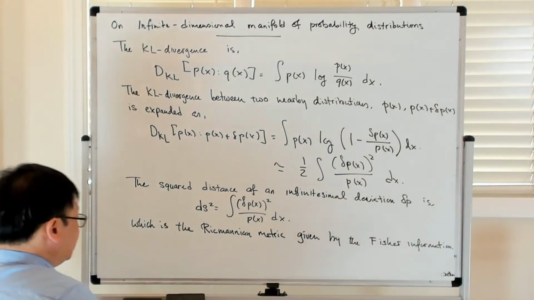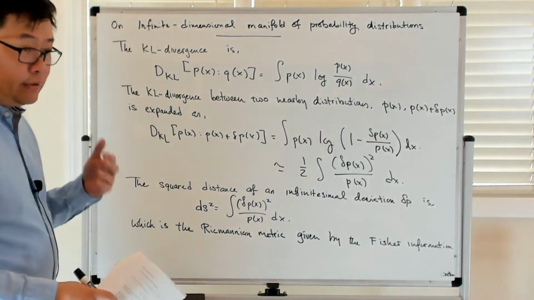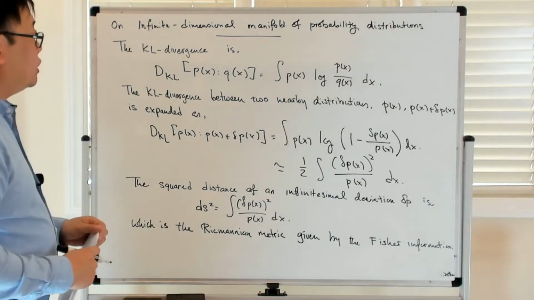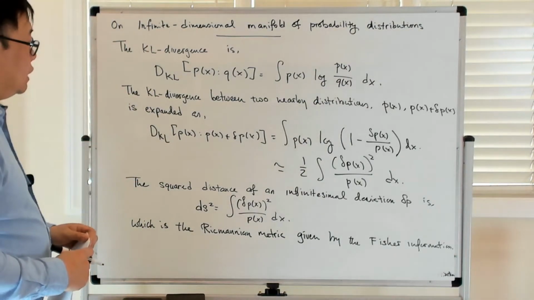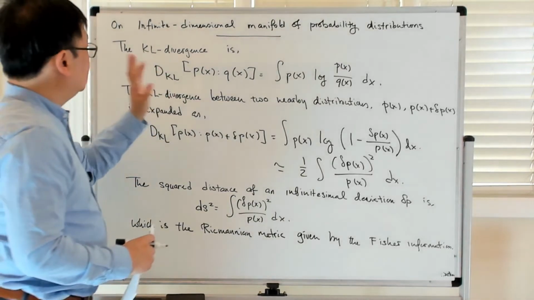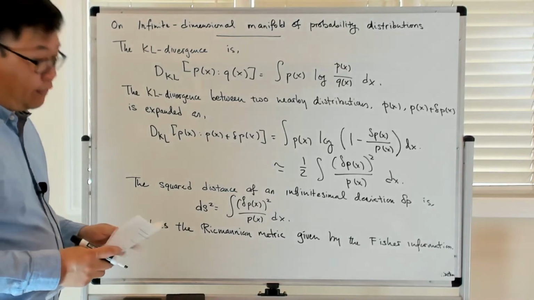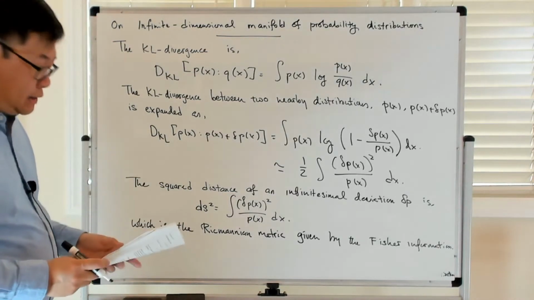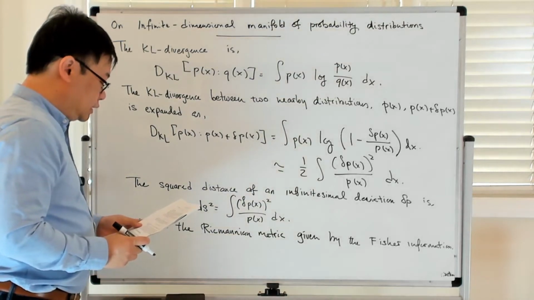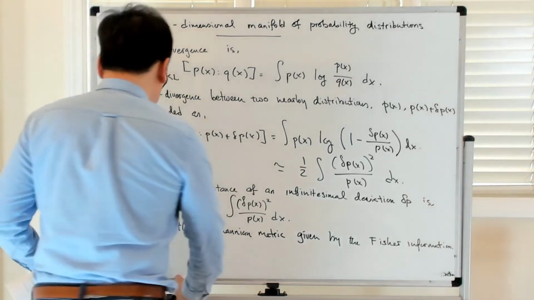So the bottom line is that most of the things which we studied in the context of the discrete probability distribution extend in a fairly natural way, naively, to this infinite dimensional manifold of probability distributions. So you might think everything is hunky-dory, but one has to be careful, as I said before. Let me show you where things can go wrong.